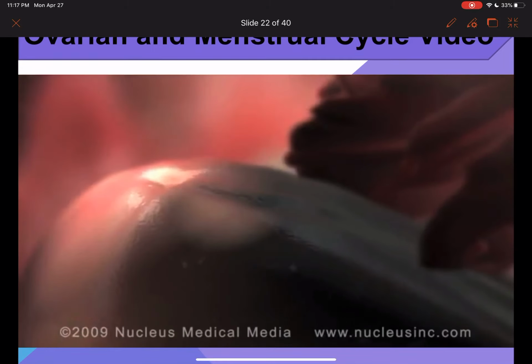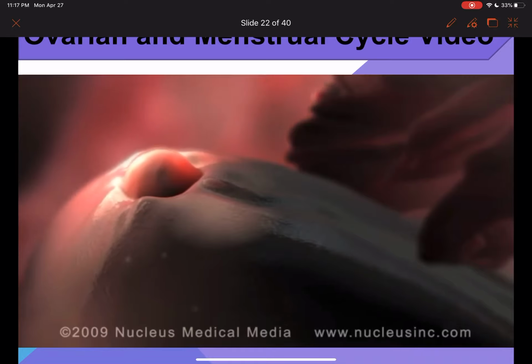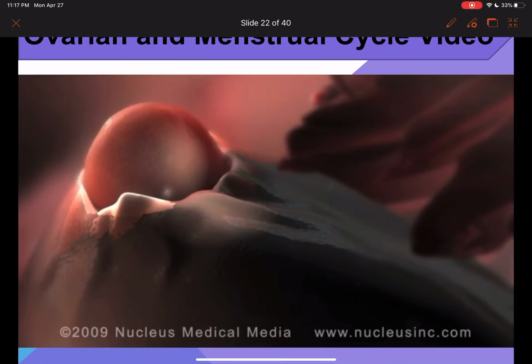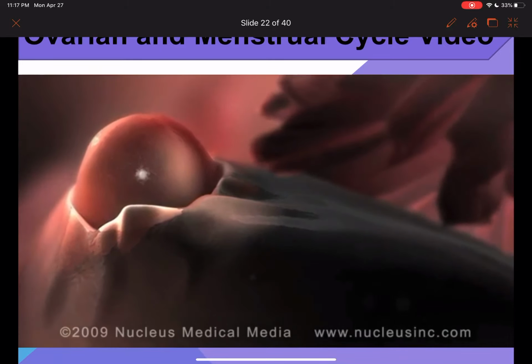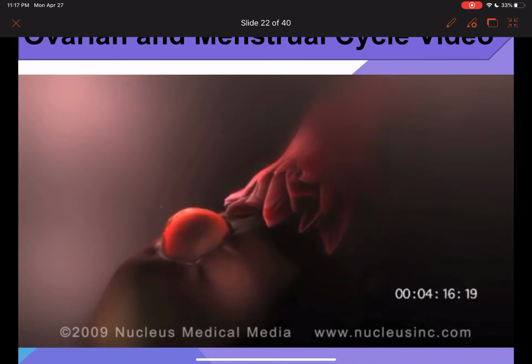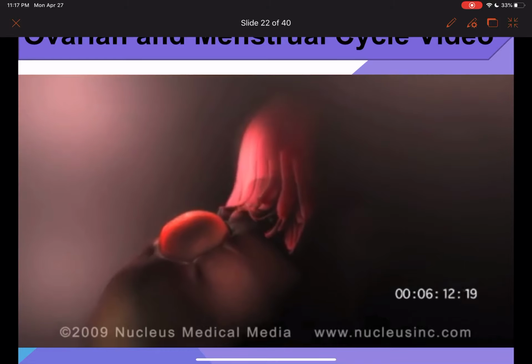Around day 14, luteinizing hormone causes the follicle to undergo a sudden growth spurt. Right before ovulation, the egg detaches from the inside of the follicle. The bulging follicle releases chemicals, causing one of the two fallopian tubes to move in closer and surround the follicle.